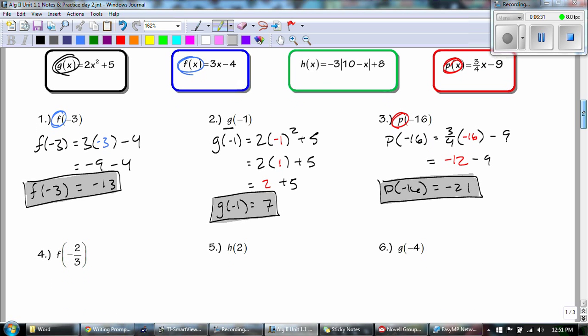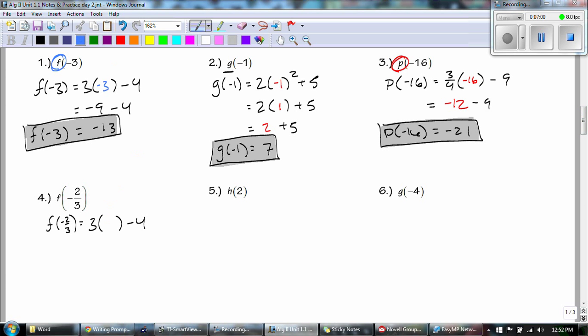All right, no freaking out because we're doing fractions. All right, so we're doing f of negative 2/3, and I'm going back to find my function with the f in it. That's at the top, the blue one. That would be, sorry, 3 in parentheses negative 2/3 minus 4.